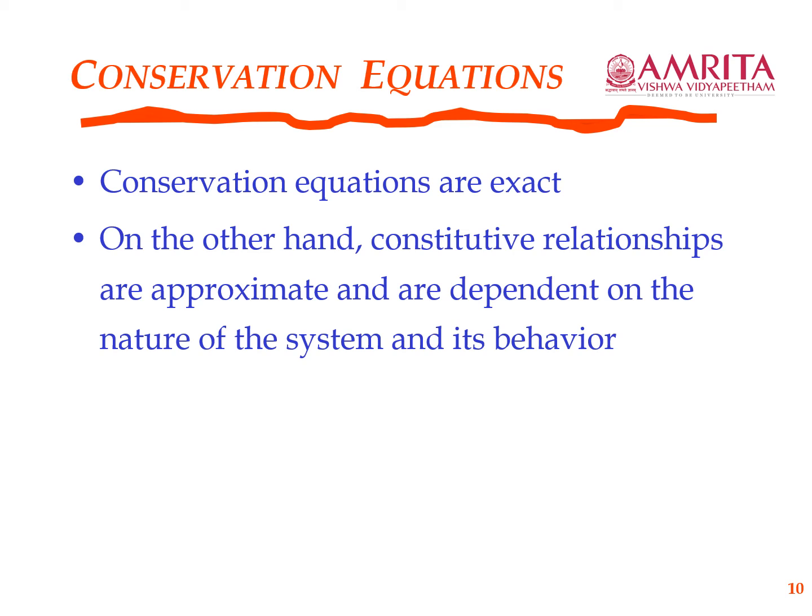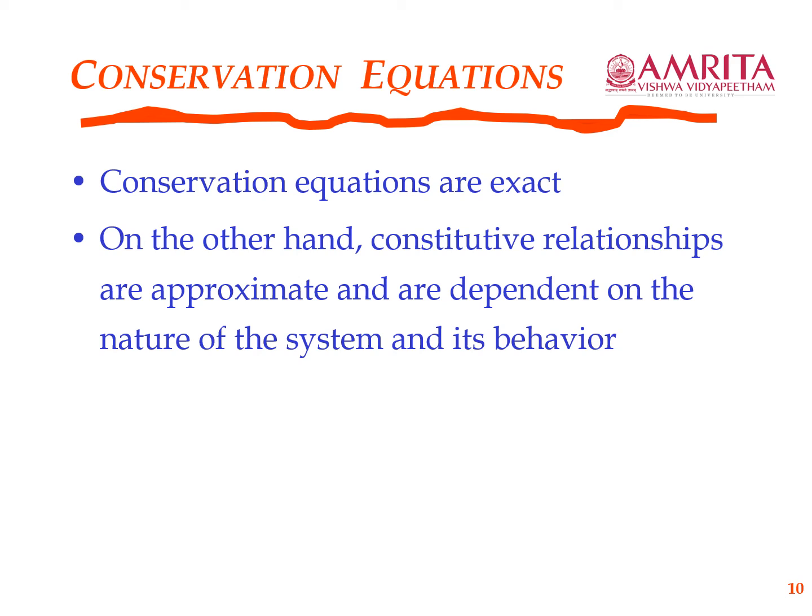And so a conservation equation is an exact conservation equation, but the individual terms and the numbers that you plug in there are approximate, and therefore the mathematical model becomes an approximate representation of a process that is taking place in a system. I hope I'm able to connect this with the first definition that we presented for a mathematical model, and that connection has to be made clear.